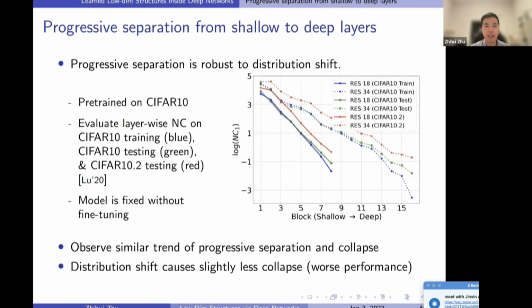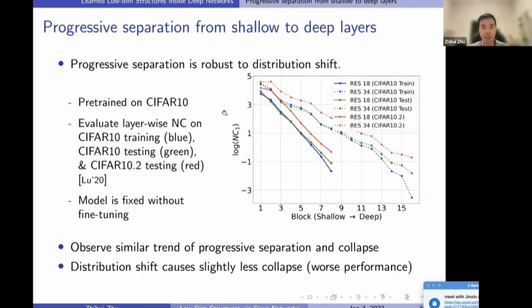Now a question is how this progressive separation and collapsing will be transferred across different tasks or different data domains. So here we try to numerically verify that this progressive separation is actually robust to distribution shift.